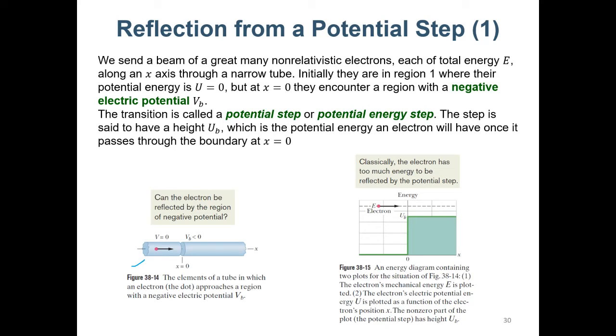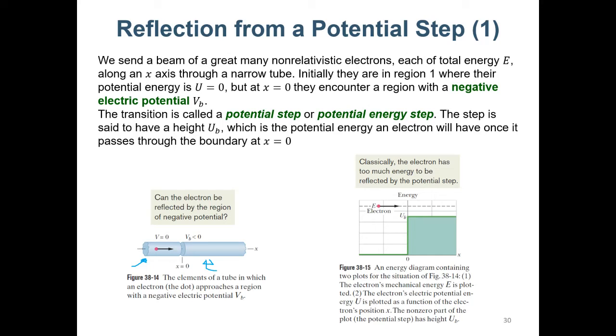The left one is connected to a voltage V equals 0, or a ground. But the right-hand side wire is connected to another voltage VB, which is smaller than 0.